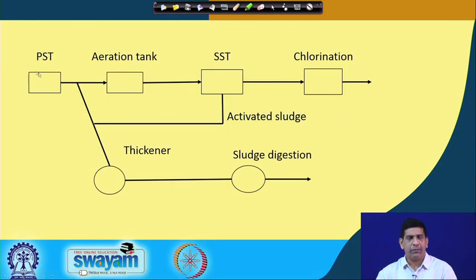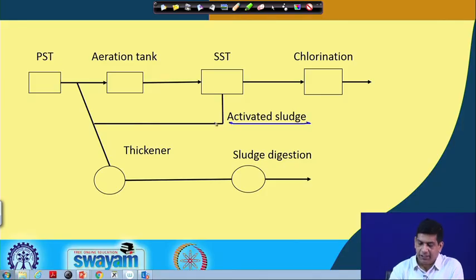We have the primary sedimentation tank, then the aeration tank, the secondary sedimentation tank, and then finally chlorination. After the primary sedimentation tank, the aeration tank plus the secondary sedimentation tank are part of your activated sludge process, where the aeration tank is called the activated sludge tank. In the secondary sedimentation, the sludge comes down to the bottom, and you take this activated sludge and bring it back to the aeration tank.